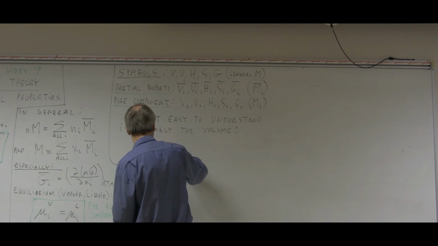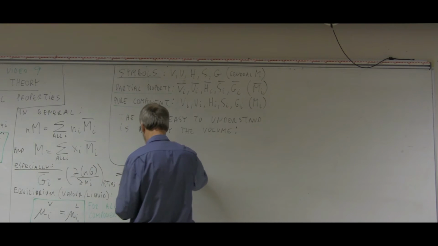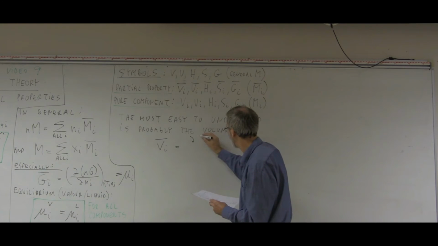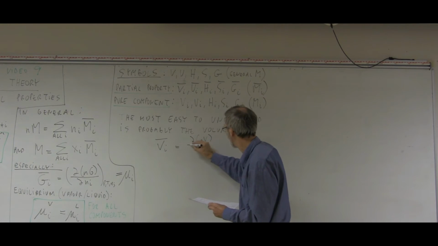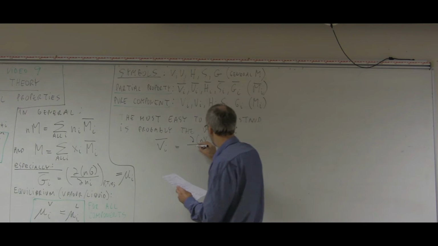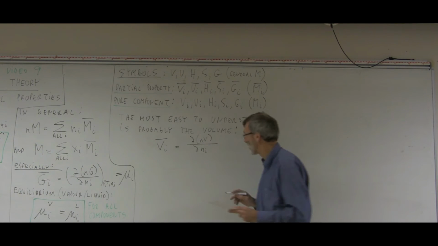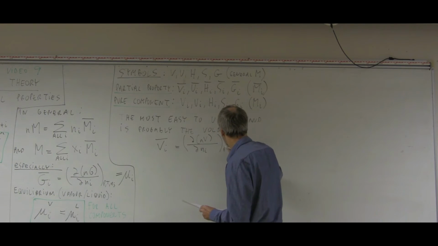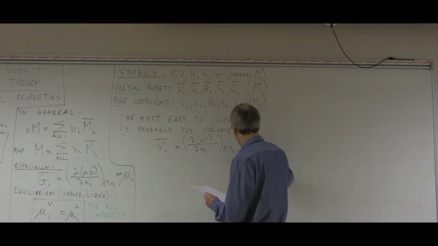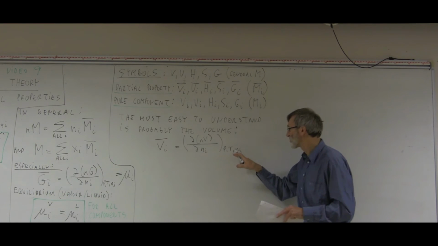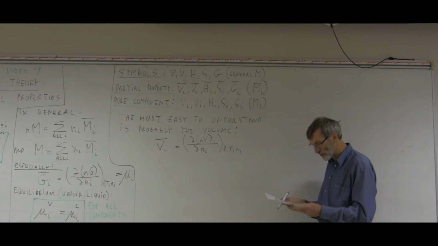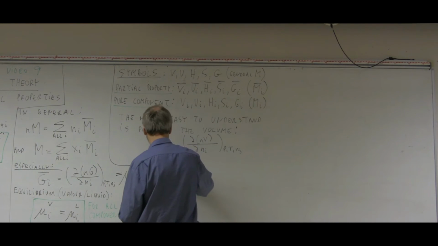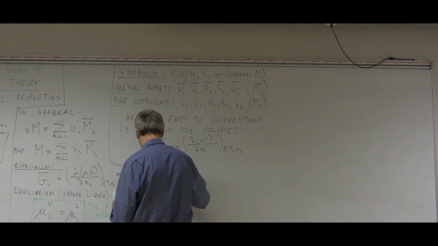We define the partial molar volume as the change in total volume with the change in the amount of the component with P, T, and the amounts of all other components constant.